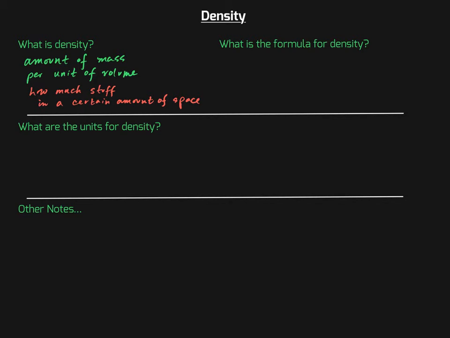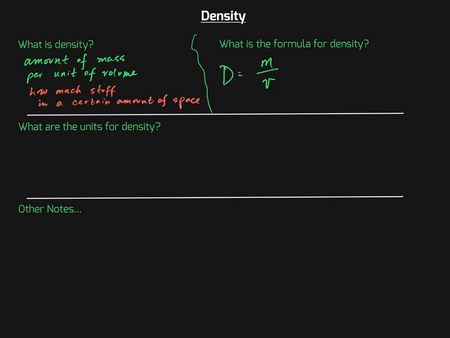Now, with a lot of things in science, we not only have a verbal definition like I just gave you for density, but we oftentimes have a mathematical definition as well. And we have that for density. So there is a formula that we have for density. We say that density is equal to mass divided by volume.